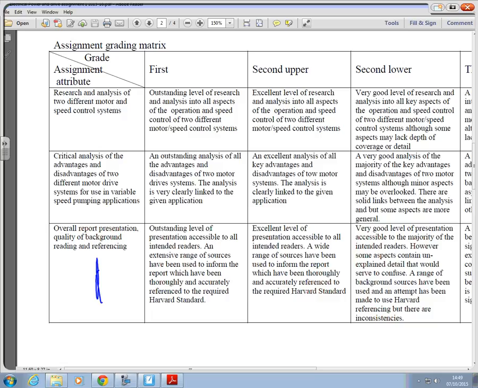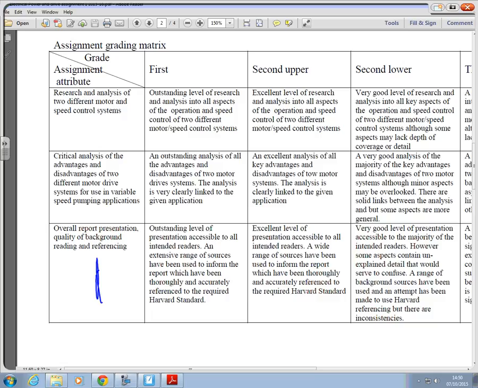If you look down these columns, it's difficult sometimes to describe what the difference is between a piece of work that gets a first and one that gets a 2-1, but as a marker you just know.